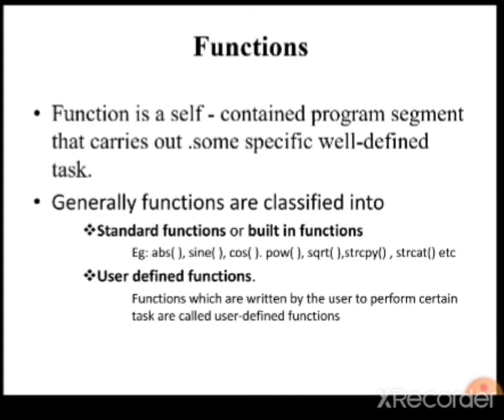The user or programmer can define that code in a function, and then in the subprogram section we define the function. The user must define the function in the subprogram section. These functions can then be used in the program. So user-defined functions are the functions which are written by the user to perform a certain task.